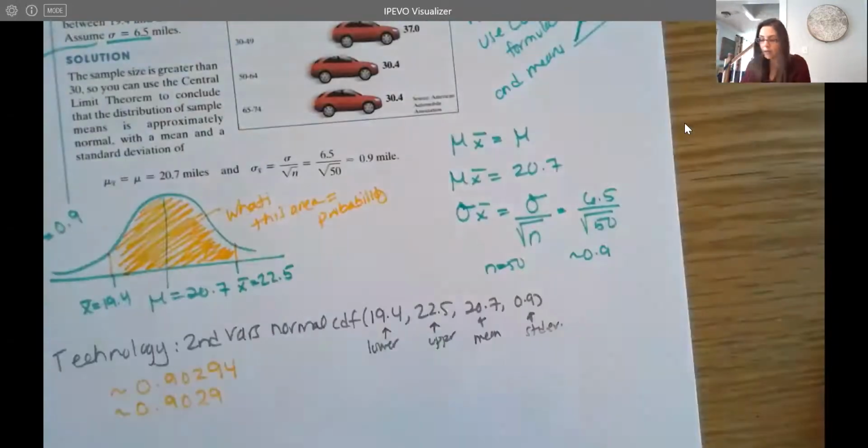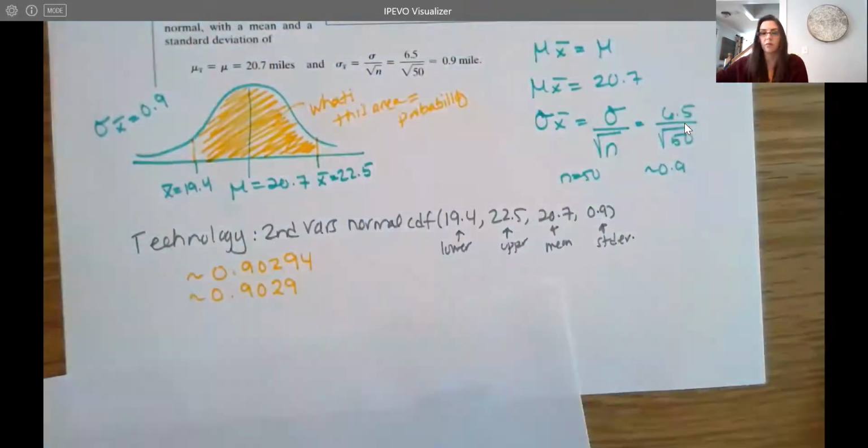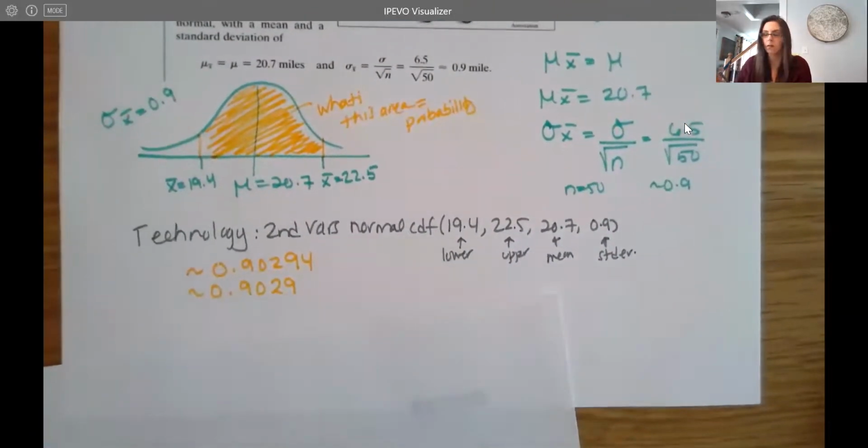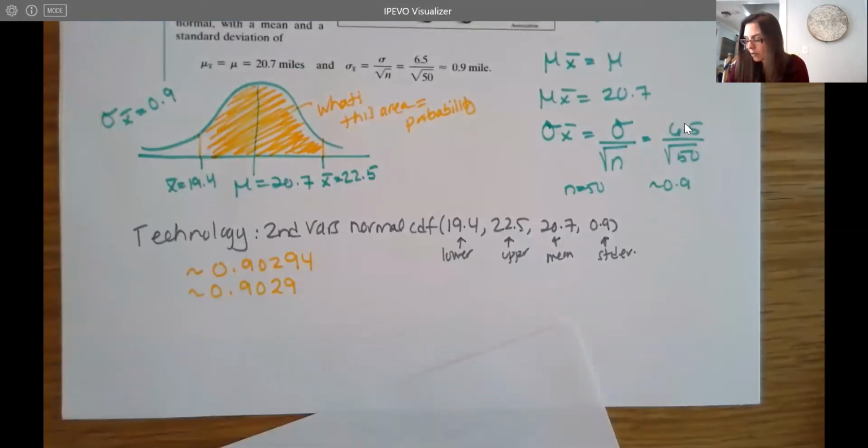Now, if you're not using technology, here's a good review again of what we've seen so far. If you're using the table, the first thing I have to do is convert to z-scores.